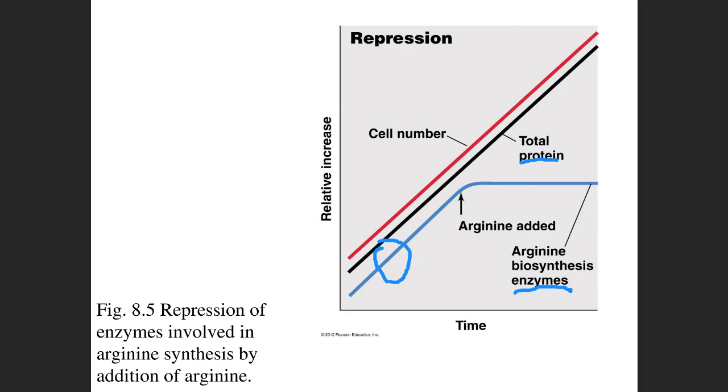But at this particular time point, if you dump a huge amount of arginine onto the bacteria, arginine or any amino acids, bacteria just take them in immediately. So arginine goes in, and the arginine biosynthesis enzyme gets shut down immediately.